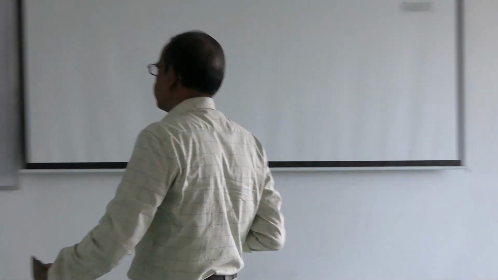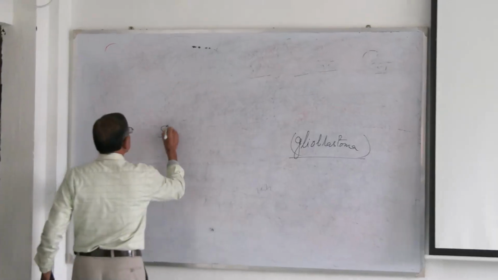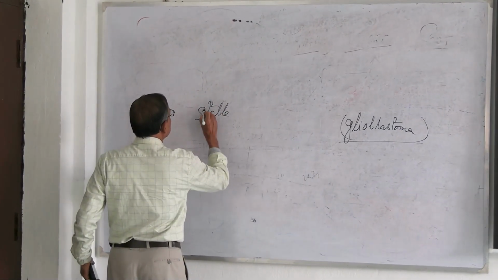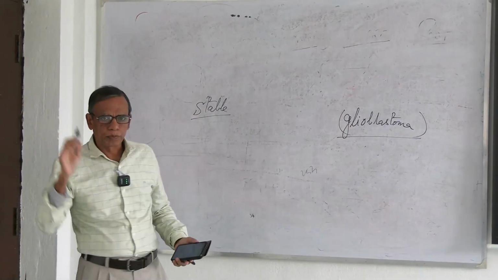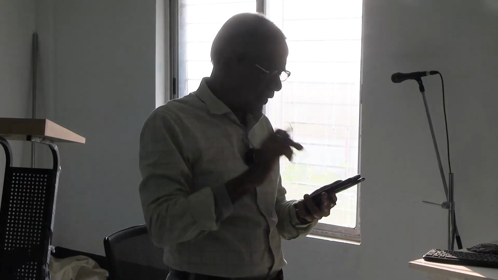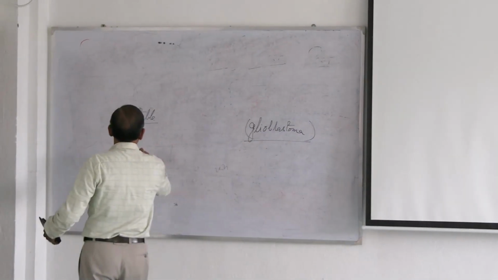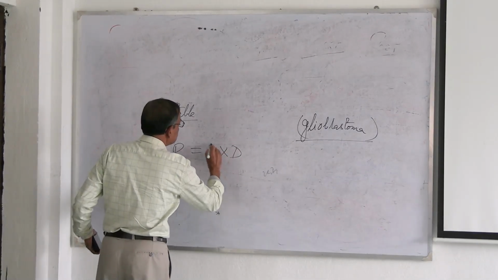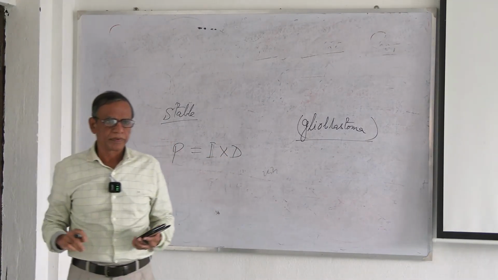If the population is more or less stable, and the incidence and duration (median survival) are more or less the same, in that case we calculate prevalence as incidence into duration.